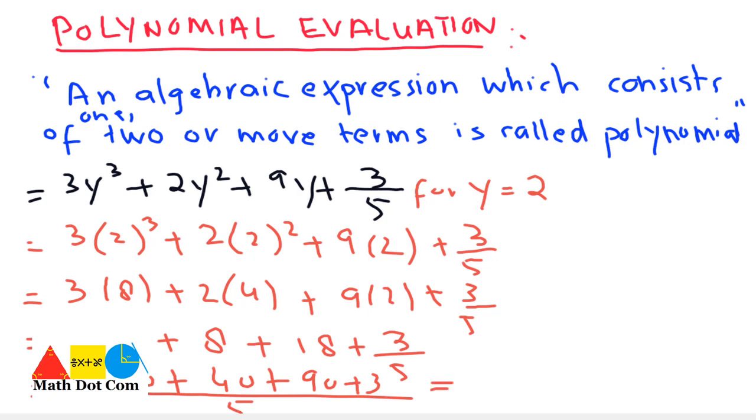The answer comes out as 120 plus 40, it's 160. 160 plus 90 is 250, so it's 253 by 5. So this is the answer. So this is how we can evaluate a polynomial expression.